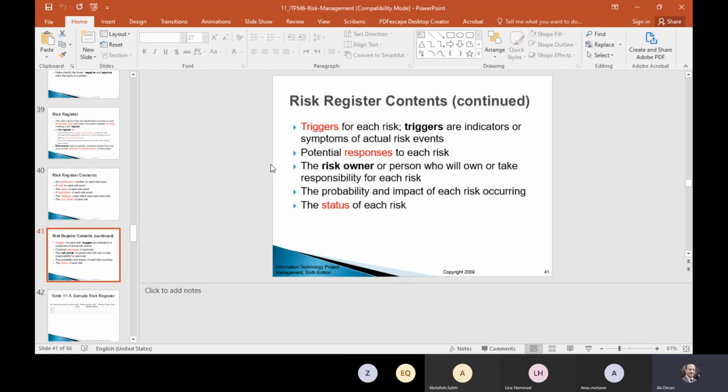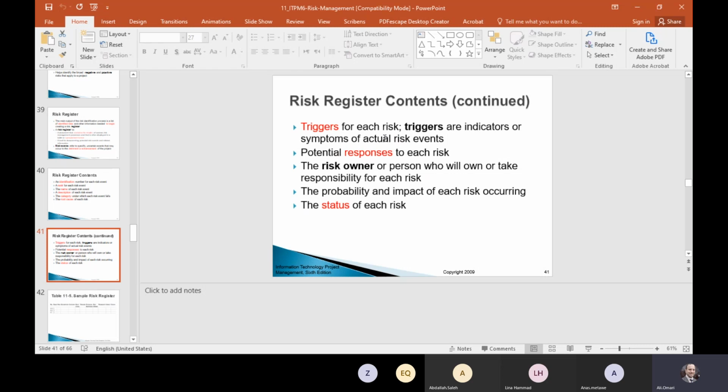It also has triggers for each risk. What triggers that specific risk? It has trigger indicators, symptoms of the risk, and potential responses, what I need to do in case I encounter that particular risk.